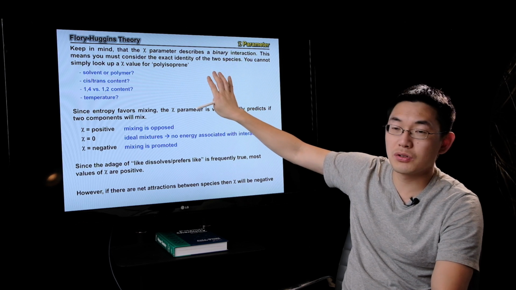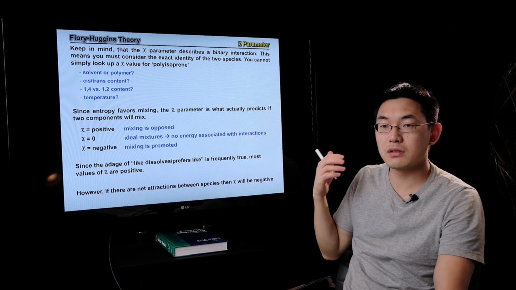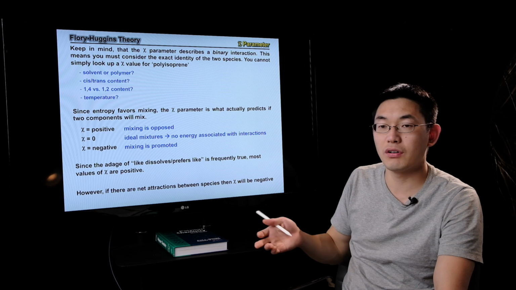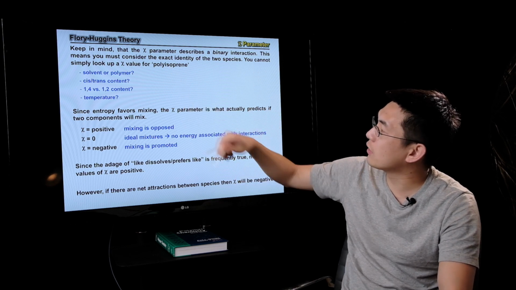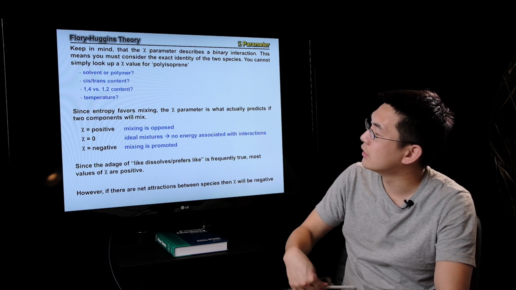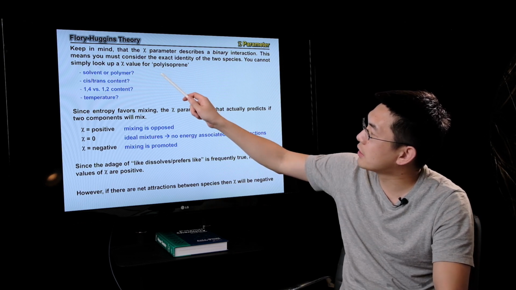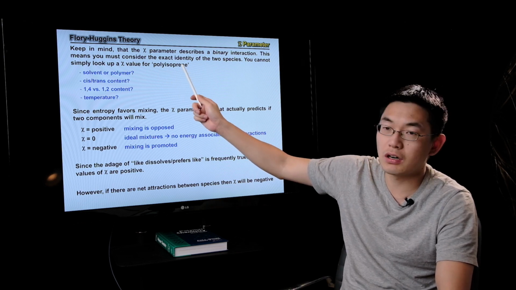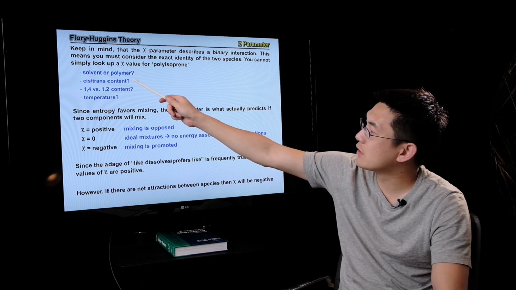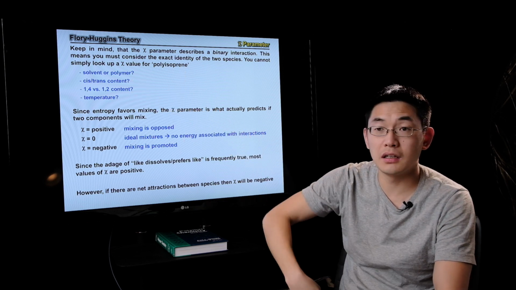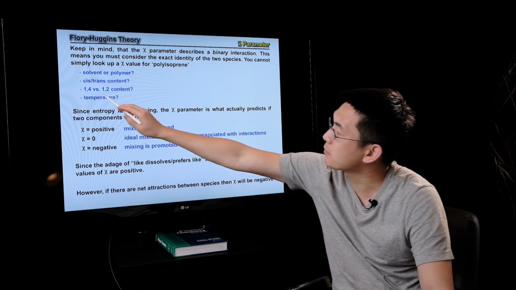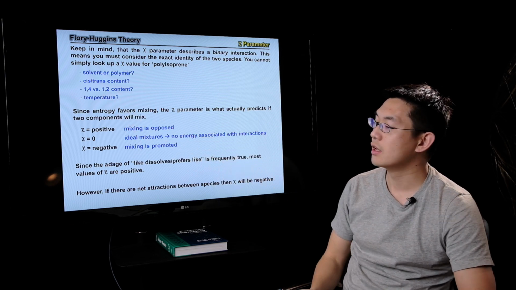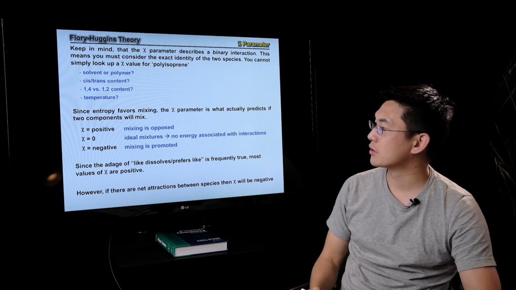But you must also consider all the details about different molecular levels of interaction. For example, if we talk about polyisoprene, then we need to consider which polymer you talk about, what about the cis-trans content, and where the polymer is polymerized. Is it 1,4 position, is it 1,2 position, and also what is the temperature.